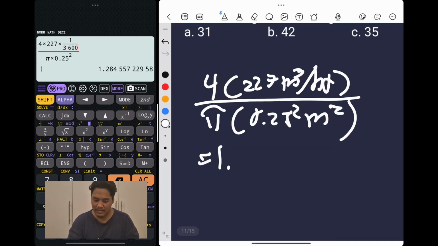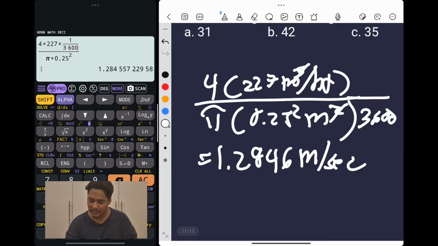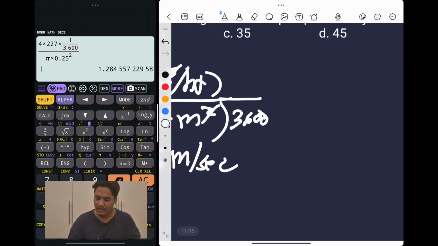Lumalabas ang ating V1 is equals to 1.2846 meter per second. Kasi cubic meter, cancel this. Ito magiging 3600 seconds. Yan.